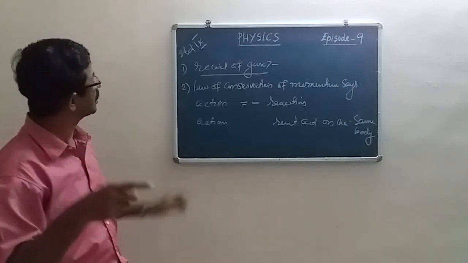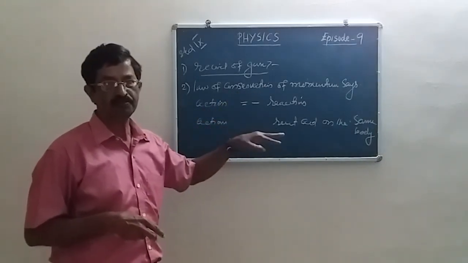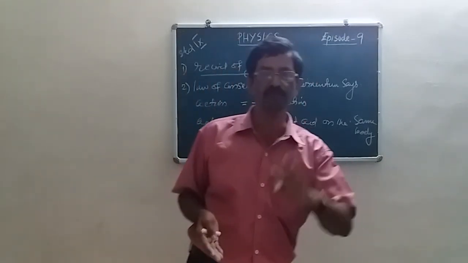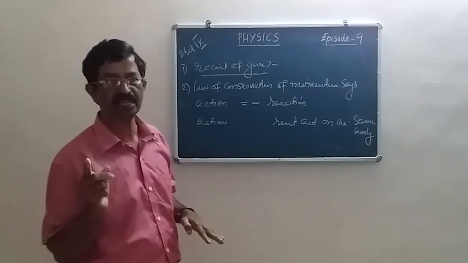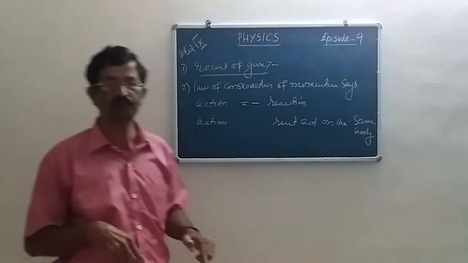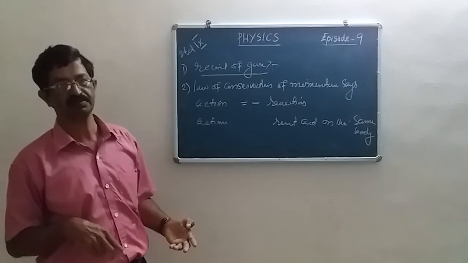Can you remember some examples of action and reaction in our everyday life? Yes, when we walk along the ground, we exert a force on the ground. That we can consider as action. Then the ground exerts an equal amount of force on our feet. Because of that we can walk.